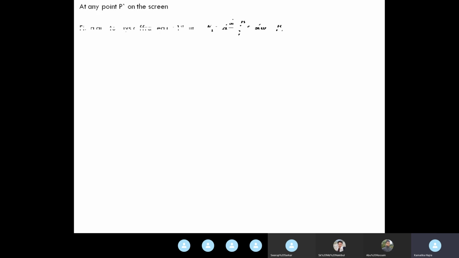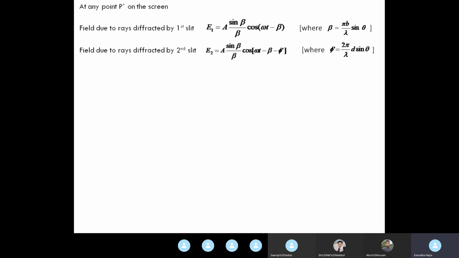Therefore, at P prime, the resultant field is obtained by our principle of superposition, by summing E1 and E2. So in order to find the field, and therefore the intensity, at any point P prime on the screen, we need to add the two fields produced individually by each of the slits.